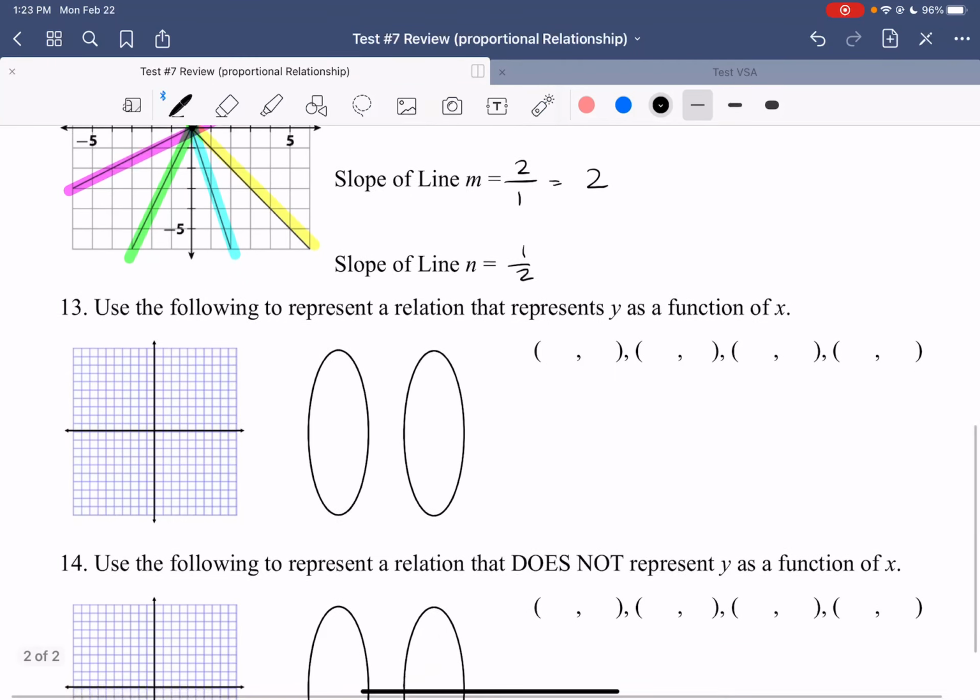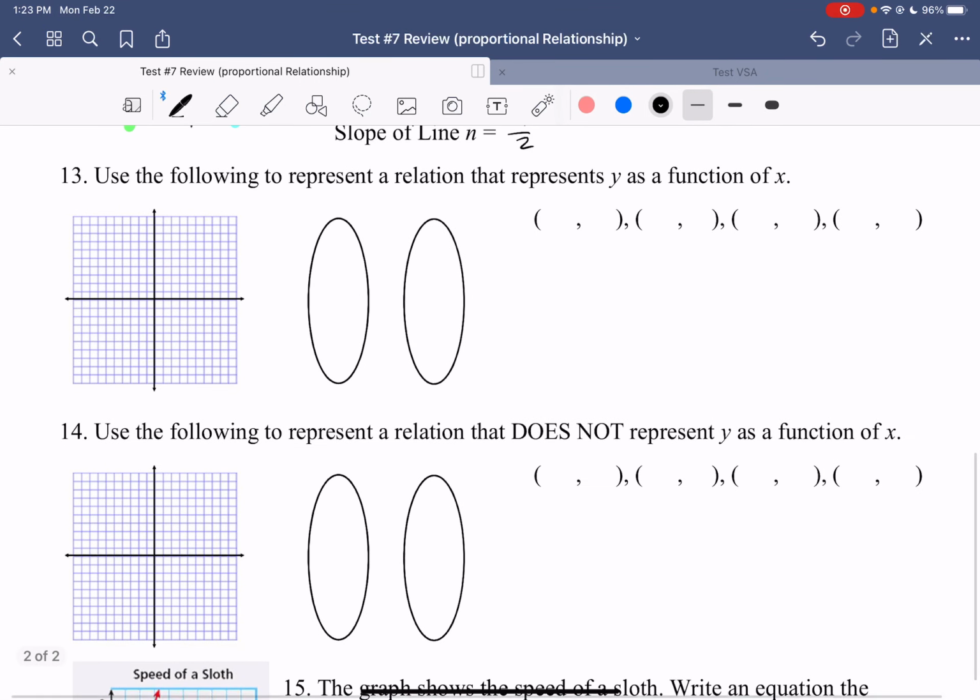Okay. So these last couple, 13 and 14, it's just saying to come up with your own numbers that could represent a function. So I'm just going to draw. The one thing I haven't covered yet is the vertical line test.